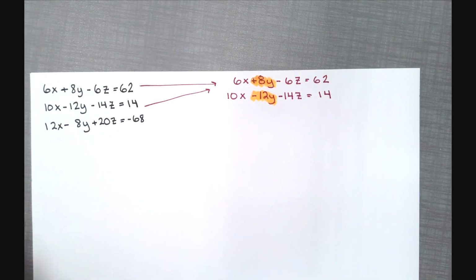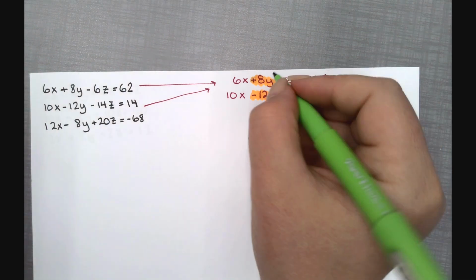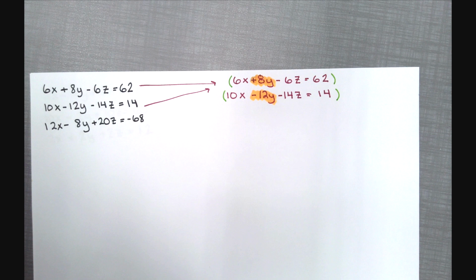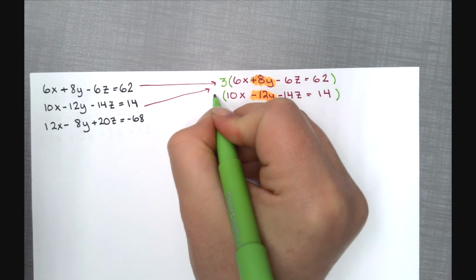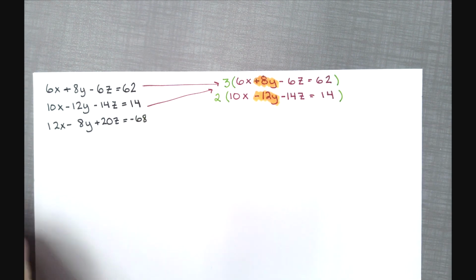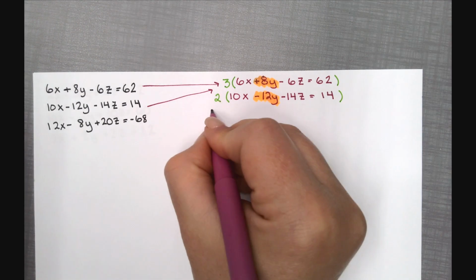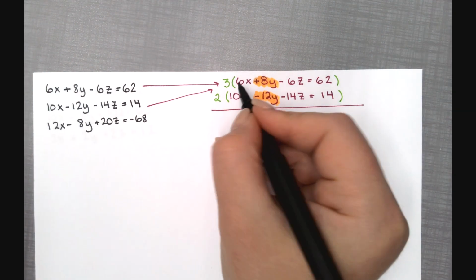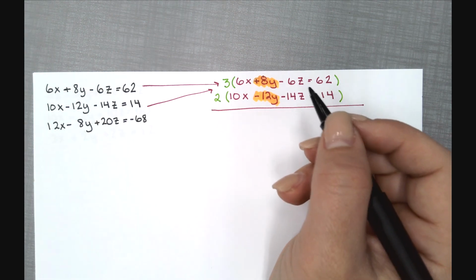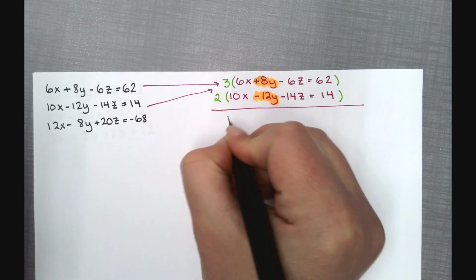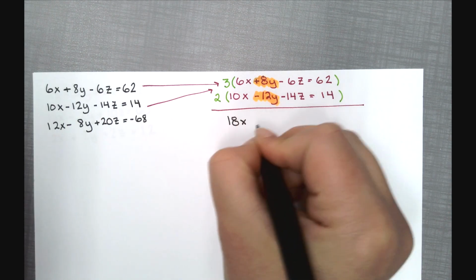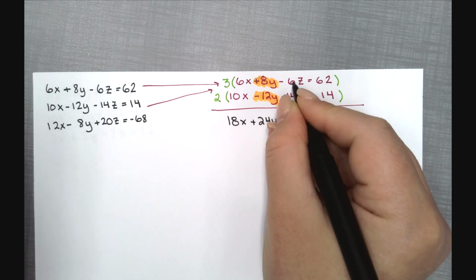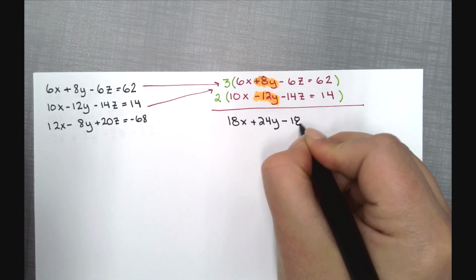So I'm going to choose to eliminate y's. Notice that they are not matching, plus and minus are okay. So I need to multiply this top one by 3 and this bottom one by 2 to get 24. So we end up having 3 times 6 is 18. 3 times 8 is 24y. 6 times 3 is 18z.